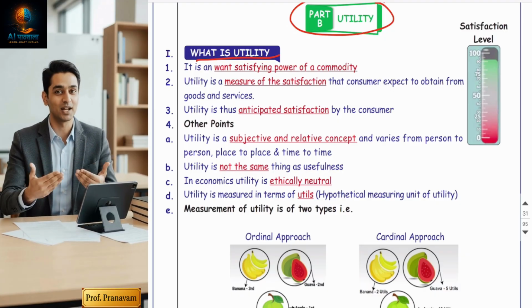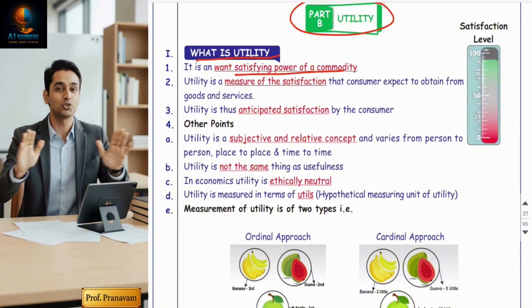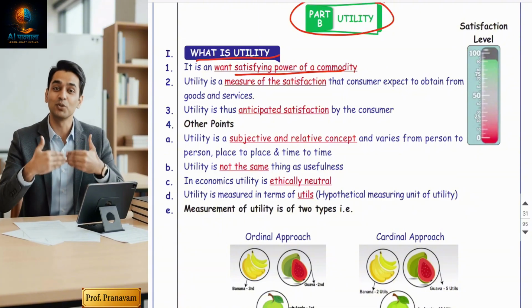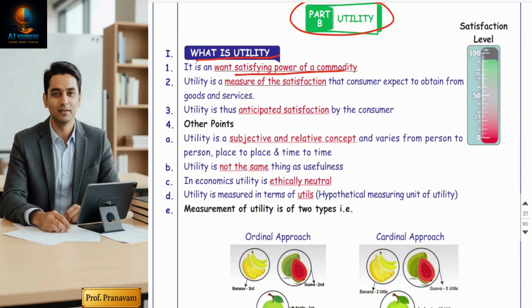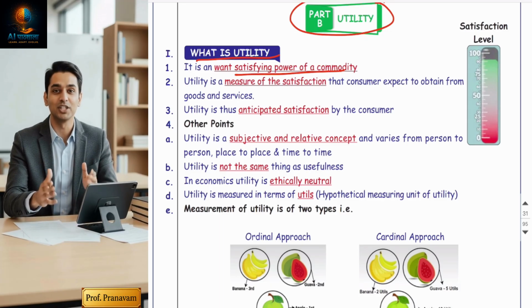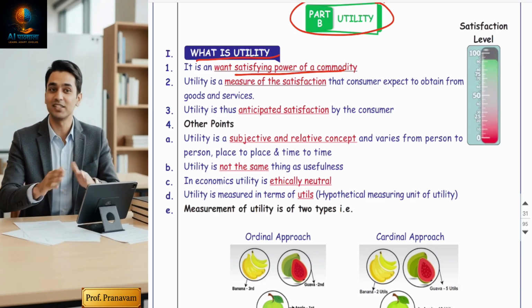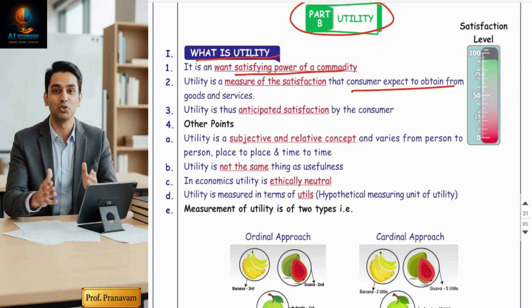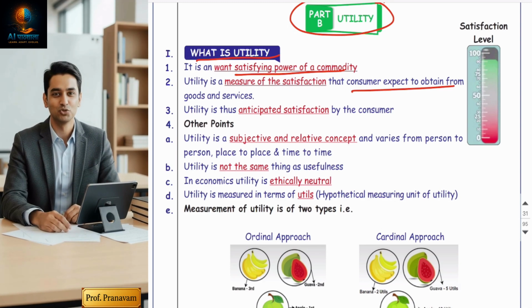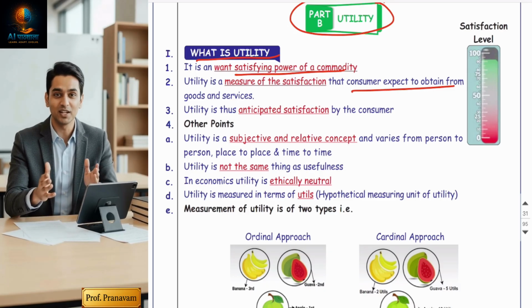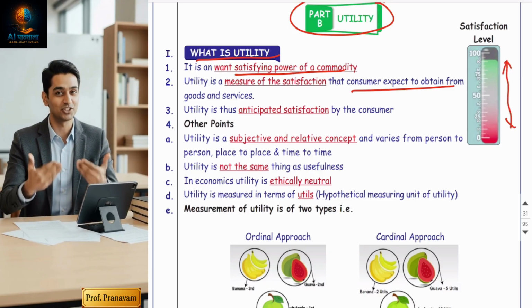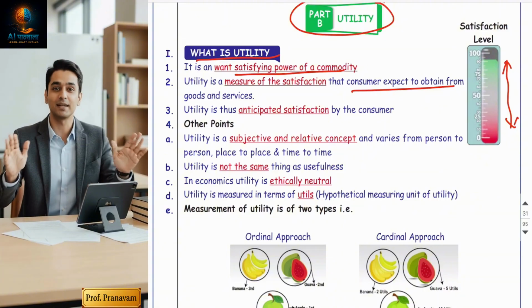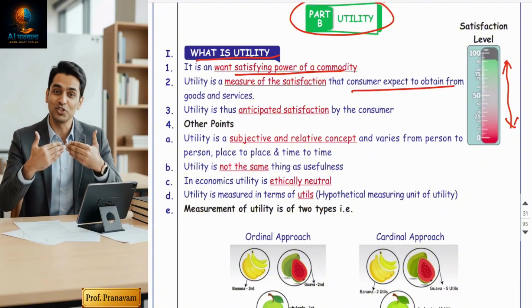Utility means the want-satisfying power of a commodity. It reflects the anticipated satisfaction a consumer expects from goods and services. Utility is like a thermometer which measures the satisfaction level with a particular commodity you have consumed.